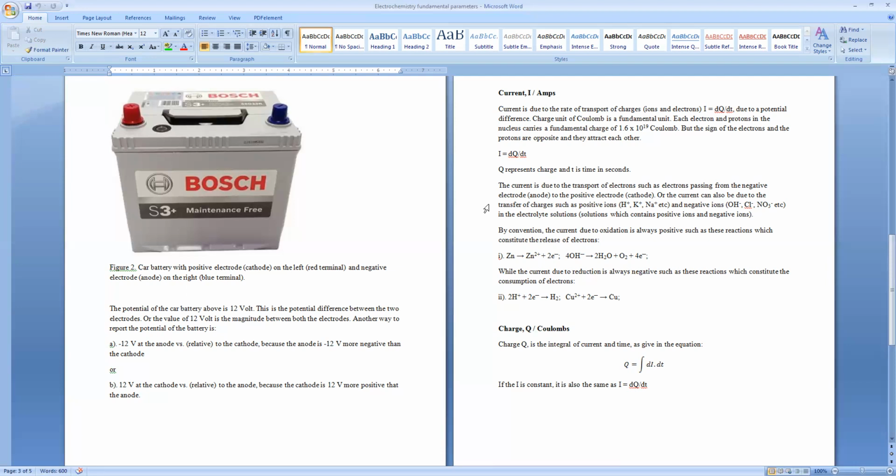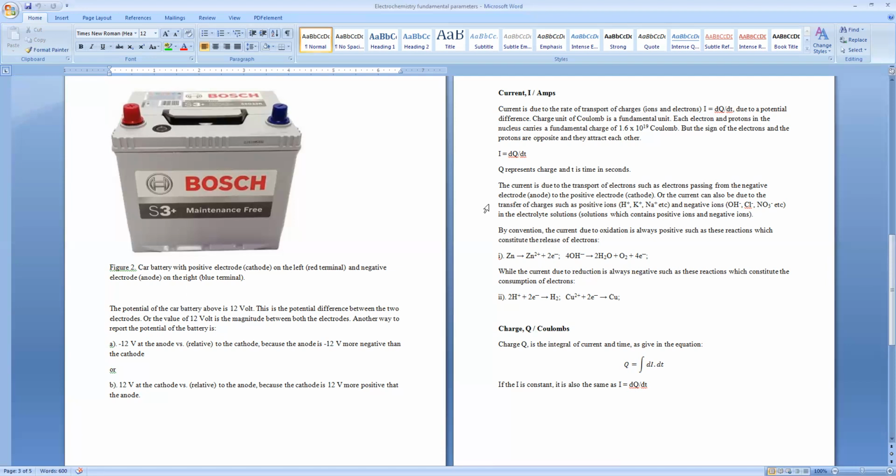So it is negative 12 volts, more negative than the cathode. The cathode is the reference point here. When we choose the cathode as the reference point, the potential of the anode is minus 12 volts, more negative than the cathode.